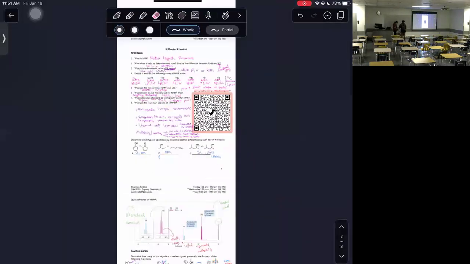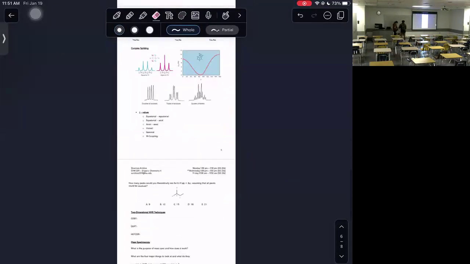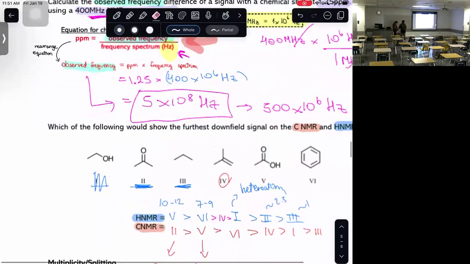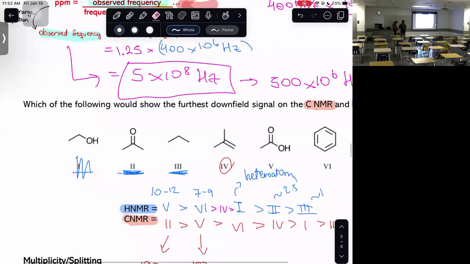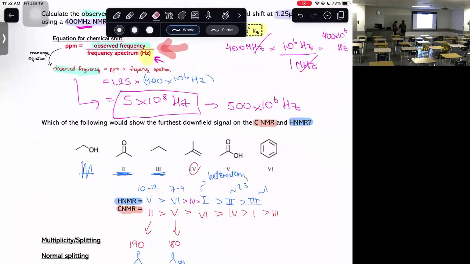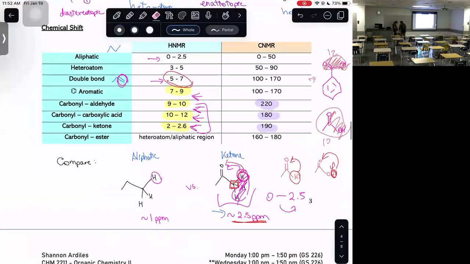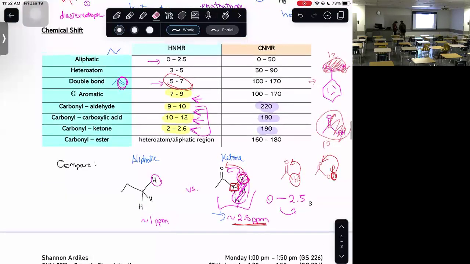Really, I was confused as to why number 4 was higher than that. You said the double bond is slightly higher than a hetero. They're right next to each other. So what is considered a heteroatom, the aliphatic? No. A hetero is basically any atom that's not covalent with hydrogen.